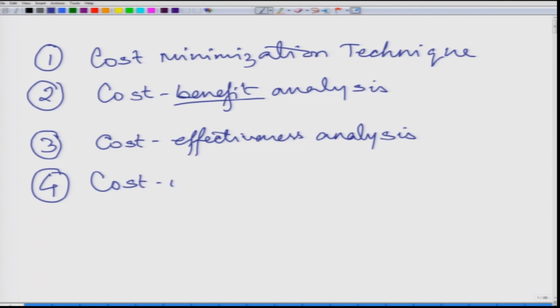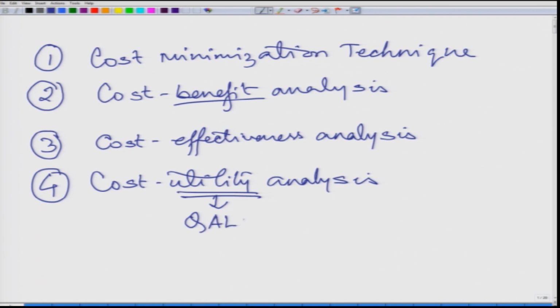But at the same time, when we talk about QALY and DALY, we basically attach them with cost utility analysis. In cost utility analysis, my effectiveness is measured in terms of utility, measured in terms of QALY, quality adjusted life year, which is a kind of abstract value of utility measurement when it is attached with the improvement in health or quality in terms of life years.